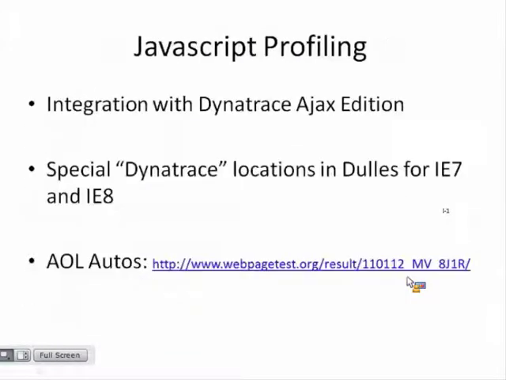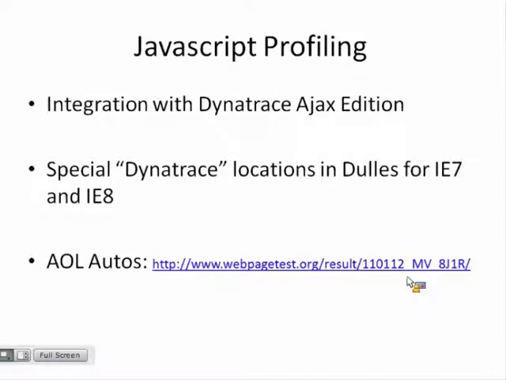So one of the other things I wanted to drop in, which has saved my bacon more than once, is the Dynatrace Ajax edition. It's a free profiler for Internet Explorer, one of the best profilers I've seen, and we've got integration with it for WebPagetest.